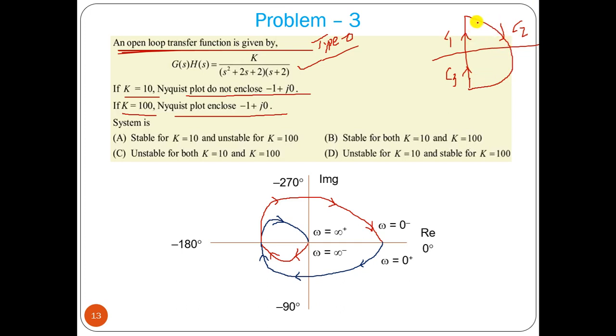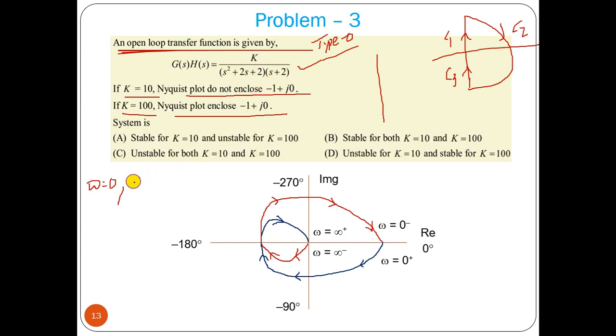In the Nyquist contour it is an infinite radius, but in the Nyquist plot it becomes a radius of 0. So, for C1, if we put omega equal to 0 in this equation and find the magnitude at s equal to 0, that will be k by 4.